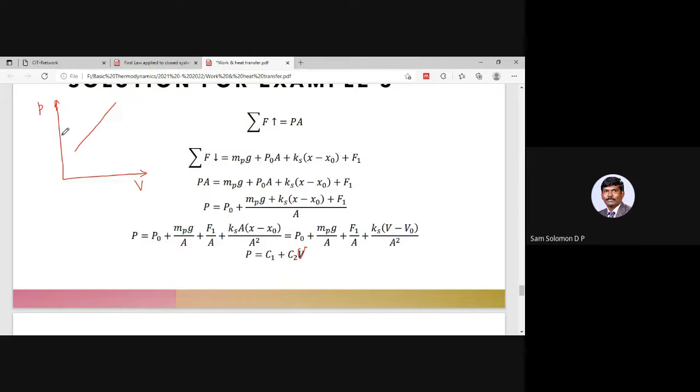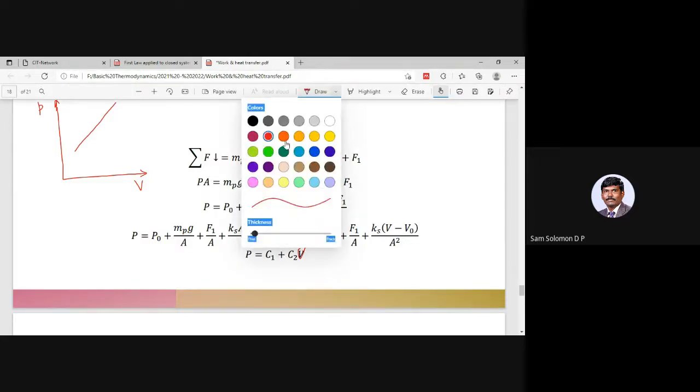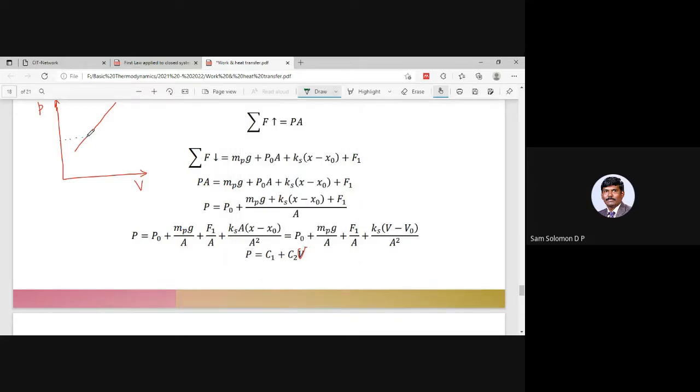Okay, and I can say that for the values that I have, say this is point number 1 or state point 1, this can be point number 2, and this could be my P2. And if it is extended onto the x-axis, this is V1. And this guy, when extended onto the x-axis, this is V2.